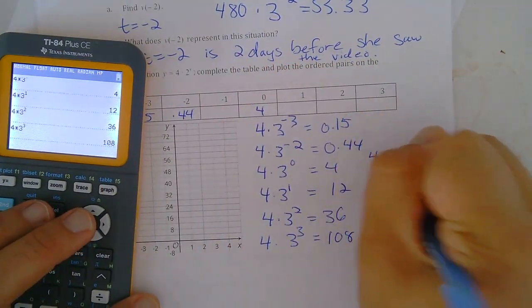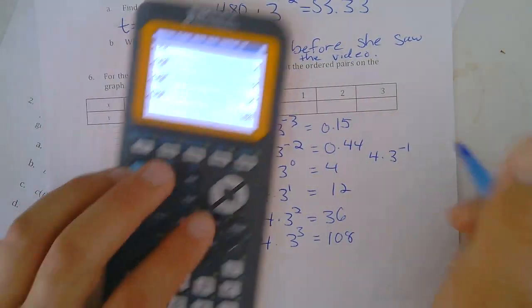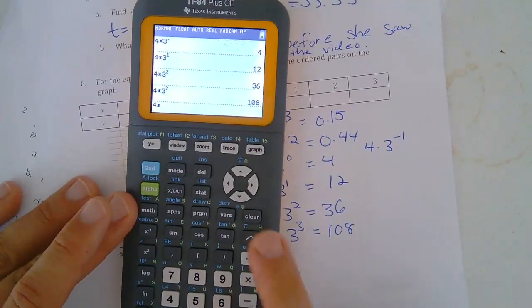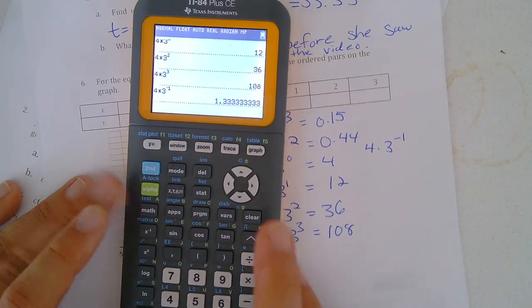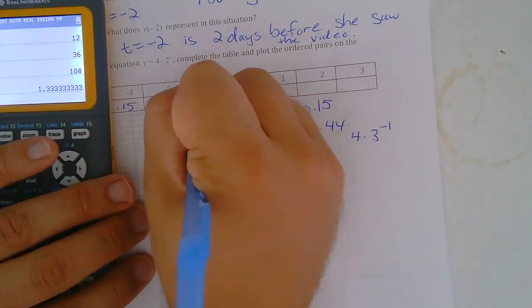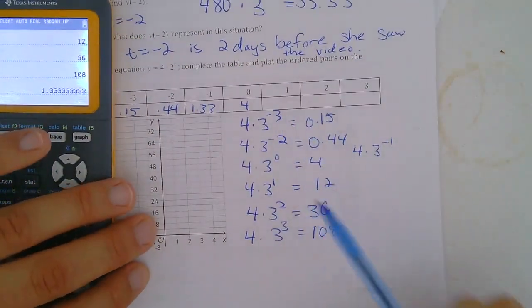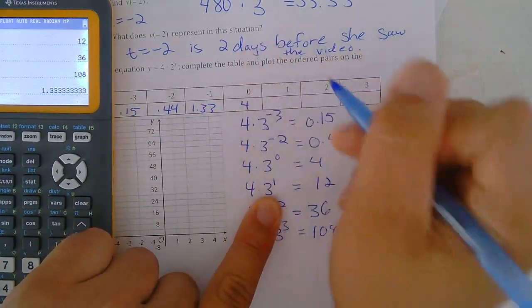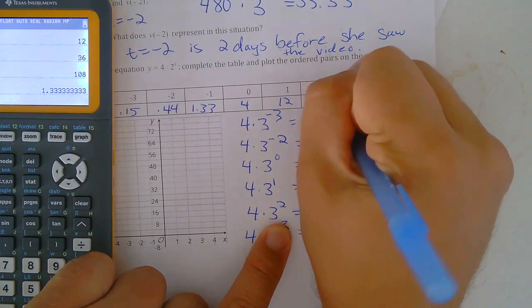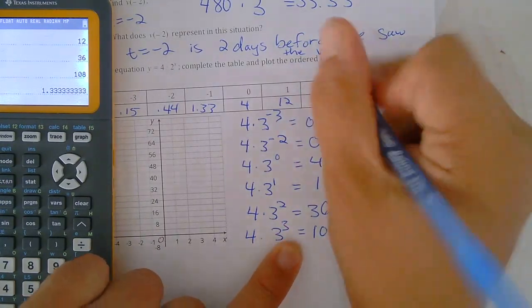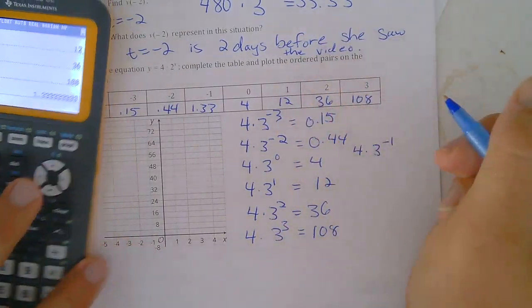So right here, I need 4 times 3 to the negative 1. And then that's about 1.33. And then 4 times 3 to the first power is 12. 4 times 3 to the second is 36. 4 times 3 to the third is 108.